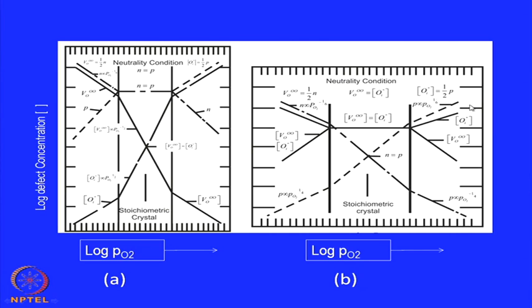At very high PO2 it is a p type conductor, hole conductor, and there will be an intermediate region where it will be either an intrinsic conductor, that means N equal to P, in semiconductor terminology we call it intrinsic conductivity, or a completely ionic conductor. So, this is possible for any oxide, this is a very generalized situation. The whole range is not applicable to all the oxides.